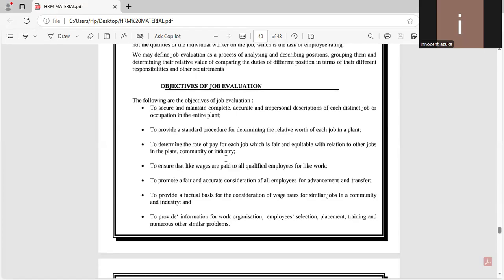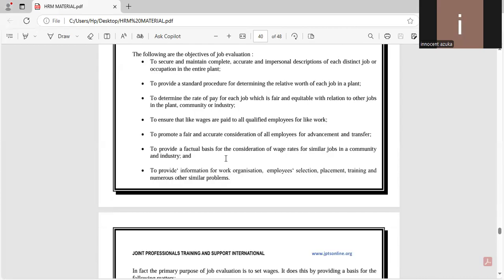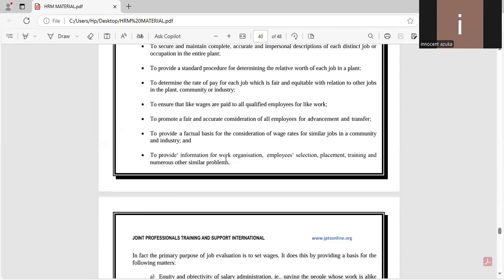Number three is to determine the rate of pay for each job. Ensure that wages are paid to all qualified employees for like jobs. Promote a fair and accurate consideration of all employees for advancement and transfer.